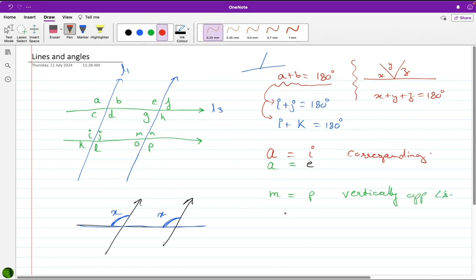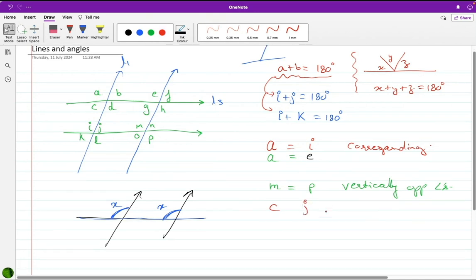A relation between C and J. C and J would also be equal, wouldn't they?